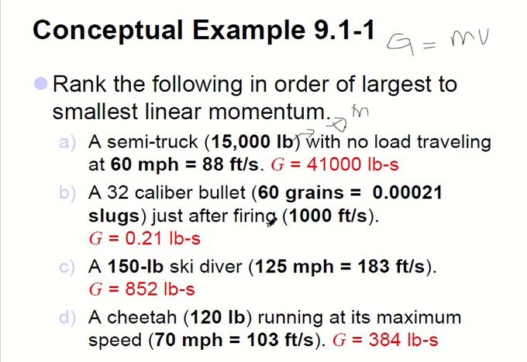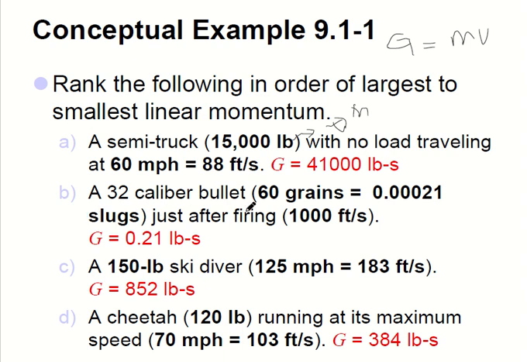We do the same thing with the 32 caliber bullet. Bullets always have a caliber, like 32 or 22 or 38. This one is a 32 caliber bullet, and it goes 1,000 feet per second, and it has 60 grains, so that's 0.00021 slug.